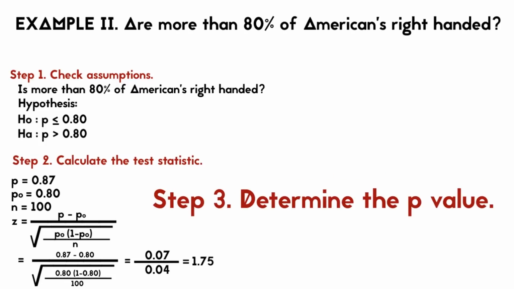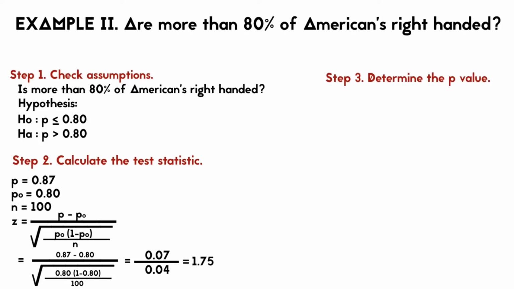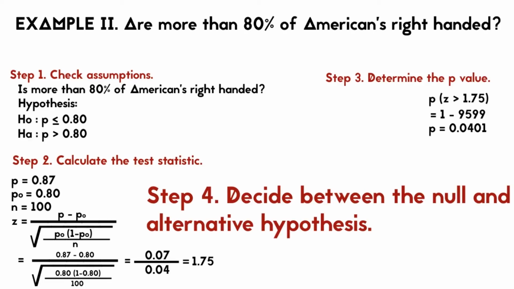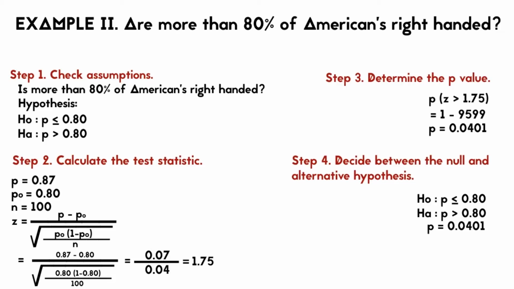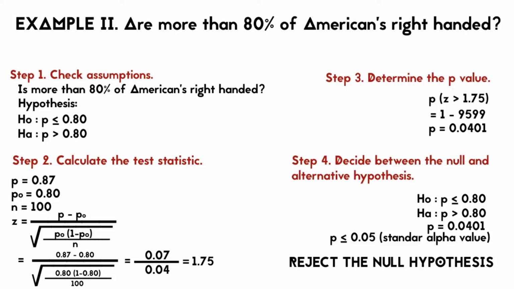Step 3. Determine the p-value associated with the test statistic. P where you have z greater than or equal to 1.75 is equal to 1 minus 0.9599. This will be equal to 0.0401. Step 4. Decide between the null and alternative hypothesis. The p-value is less than or equal to 0.05, so you reject the null hypothesis.